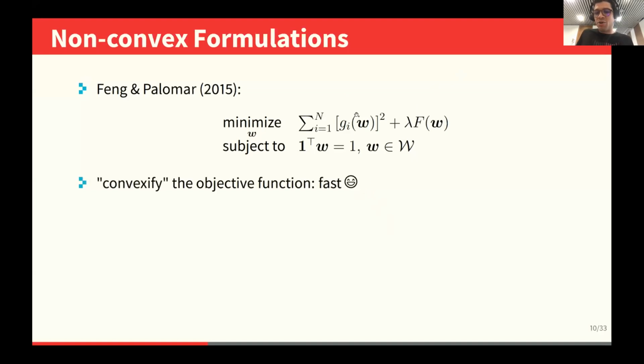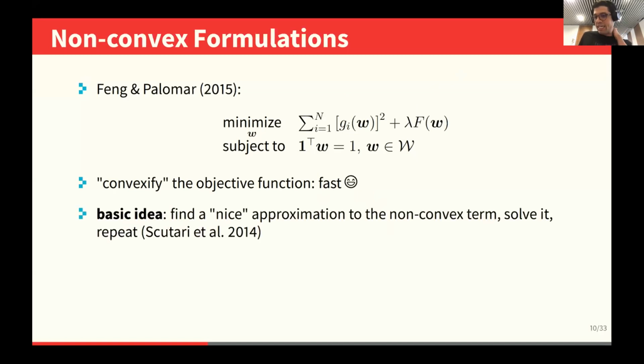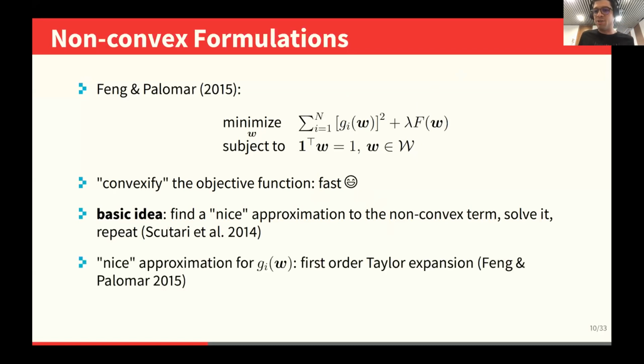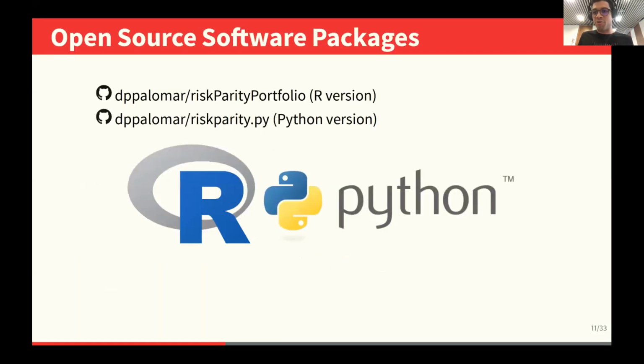So the idea is that you convexify the non-convex term, in this case the function g here, and by convexify I mean you find a linear approximation to that function g, and then you solve iteratively, like using the SCA framework that you also have seen in this class. So they came up with this idea, and it's a really good algorithm, and we have implemented that algorithm in Python and in R. In those two packages, I guess you've played with the Python version, but there is also an R version if you are keen on using R.